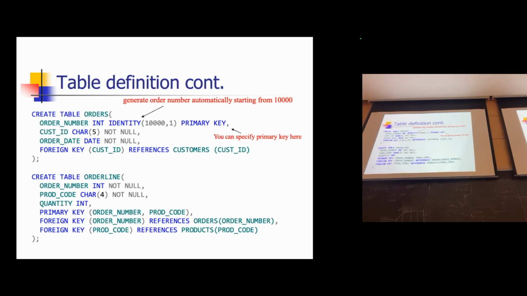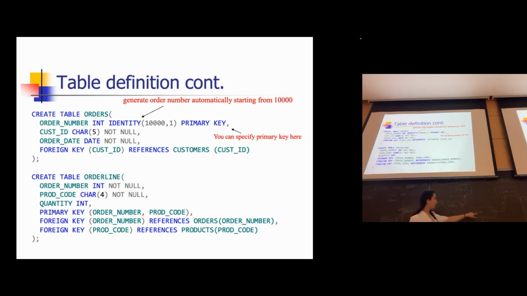Now, how about the order line table? Think of it as an enrollment table, to manage the many-to-many relationship between order and products. Each order line contains a specific product for a specific order. If I want to create order line, what are the foreign keys here? First of all, there is a one-to-many relationship between order and order line.